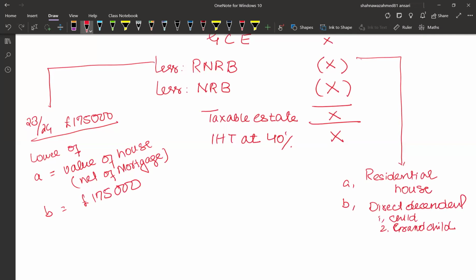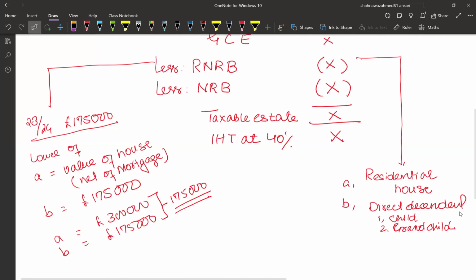So suppose the value of the house is 300,000 and the RNRB is 175,000 fixed, then we'll get the RNRB. So RNRB is maximum 175,000. Sometimes it is 175,000, sometimes it is less than that.